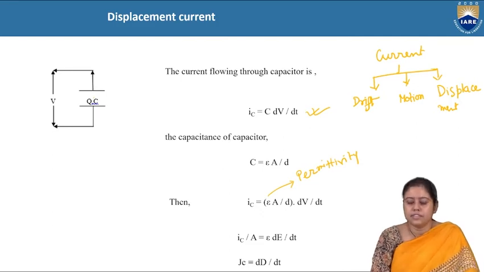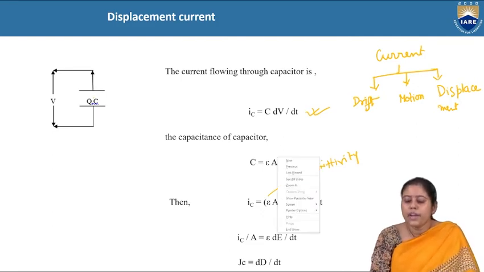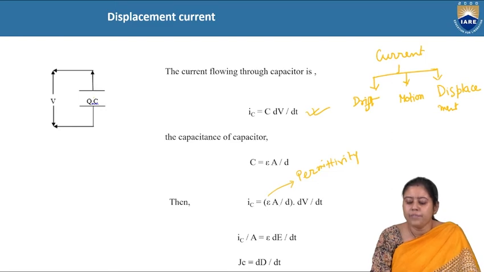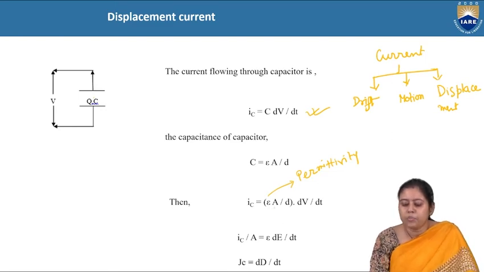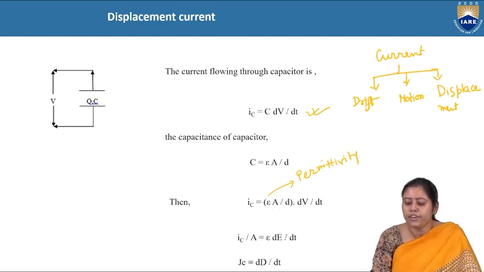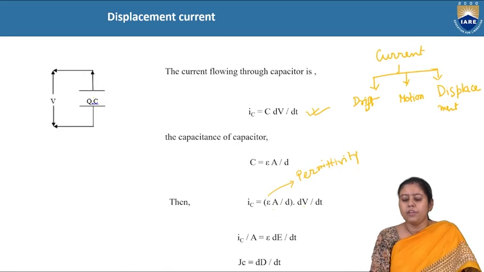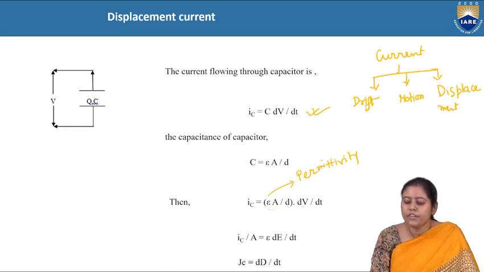Already we discussed this thing. So what is IC? We are just putting the value here. So IC is equal to epsilon A by d dV by dt. Now if we divide the IC by A, we will get epsilon by d dV by dt.